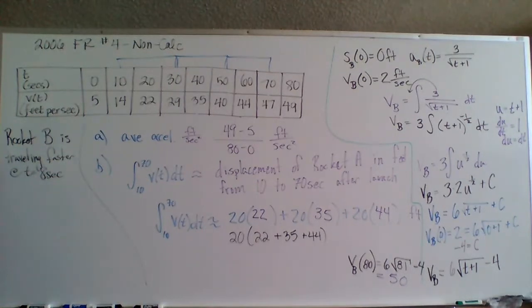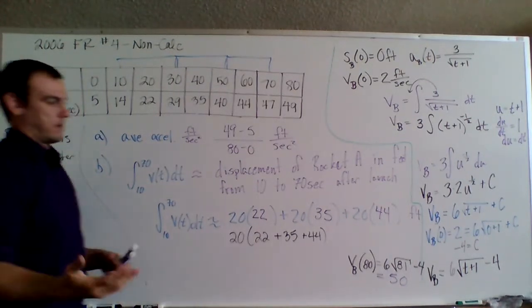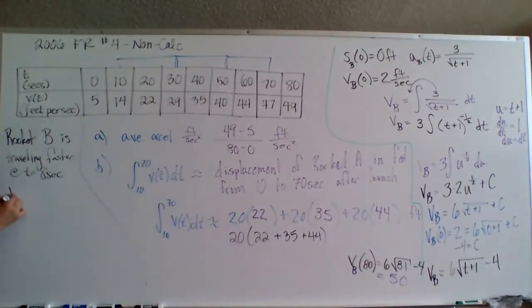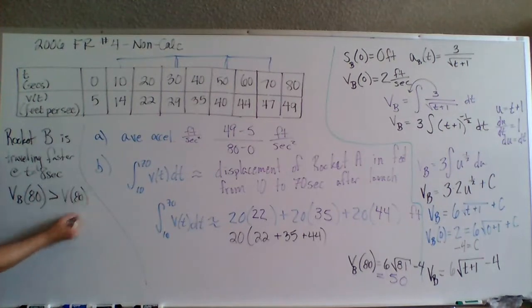Now, you should have some kind of comparison here. So I have VB of 80 is going to be greater than V of 80, which was 50 is greater than 49.